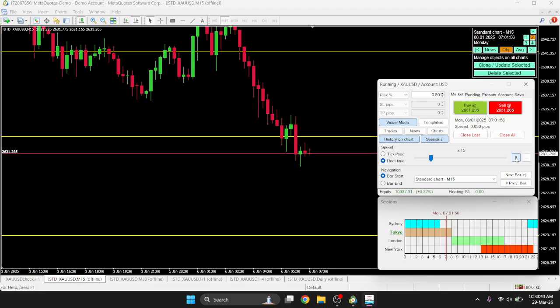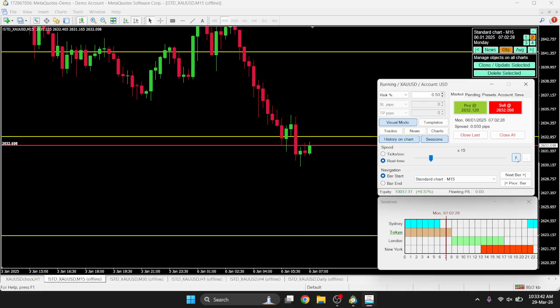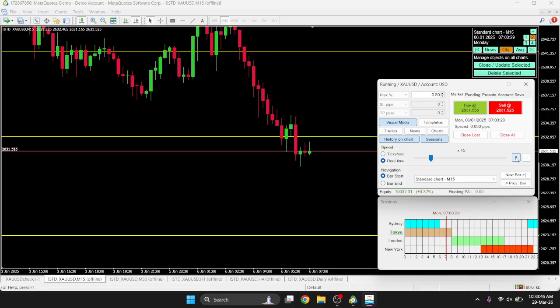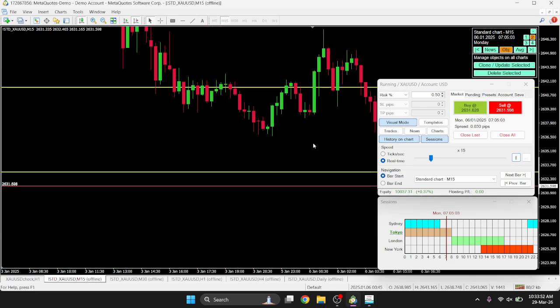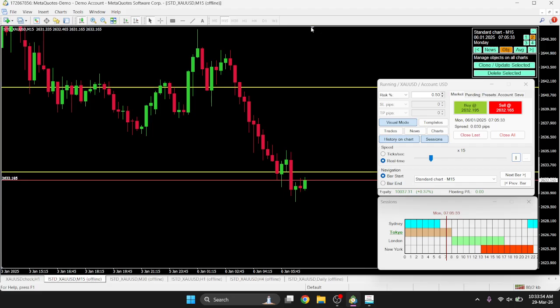There is a high chance if the current candle breaks the previous candle low. Wow, the current candle just broke the previous candle high. So if it breaks the previous candle low, there is a high chance that the market will push down. Let the candle close.